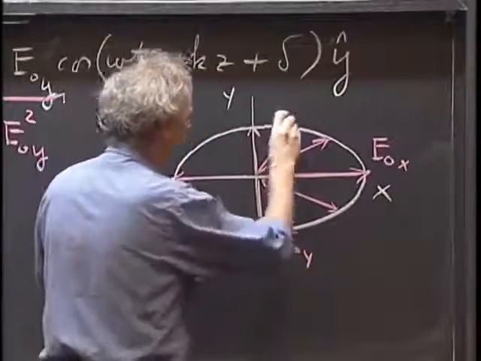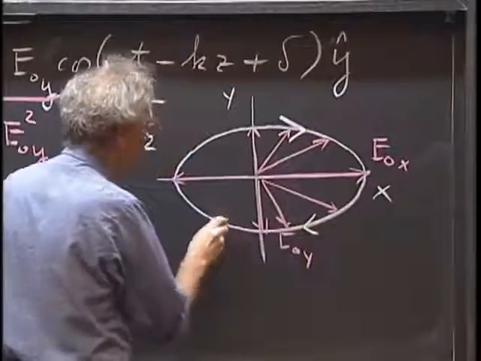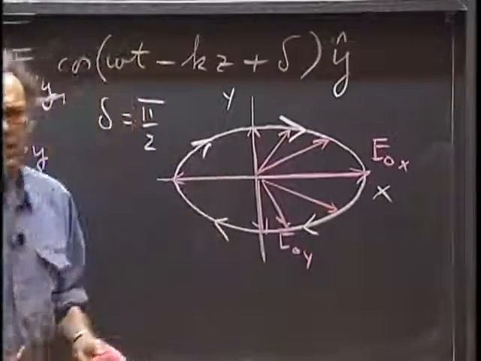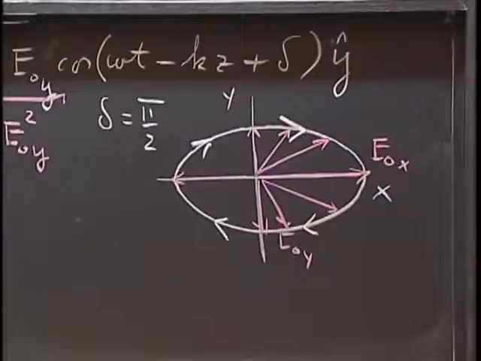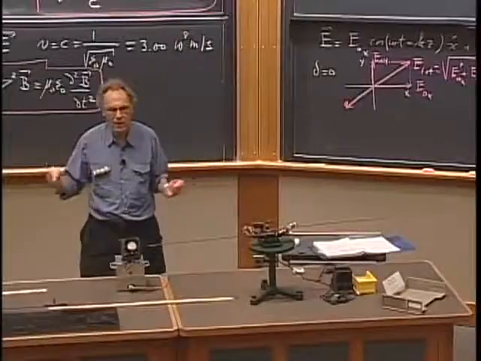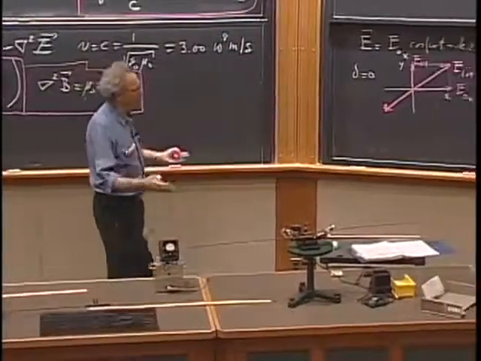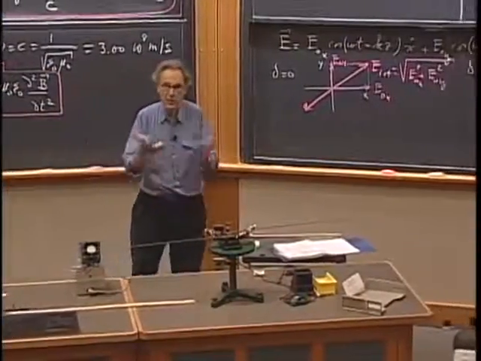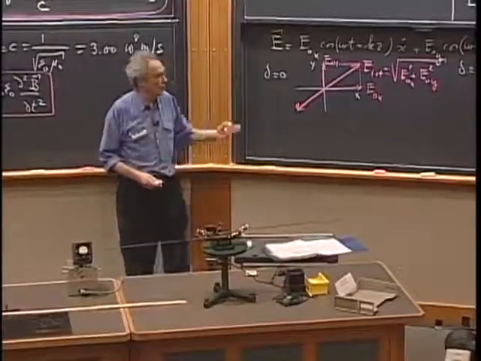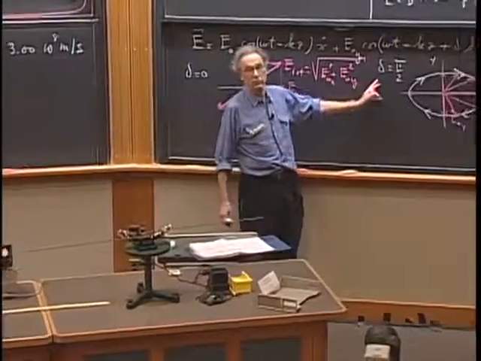And so it rotates around like this, and we call that elliptically polarized radiation. There's nothing very special about it. It's a perfect solution to Maxwell's equations. You have one component in the x direction, another in the y direction, and you offset them by 90 degrees. You can choose this angle any value you want to.